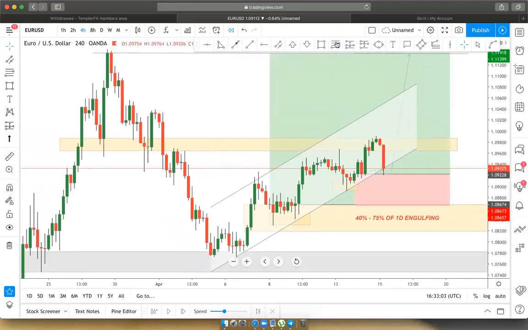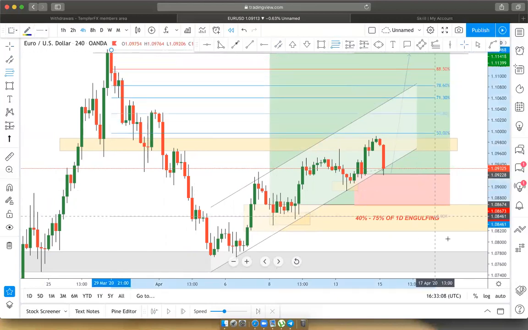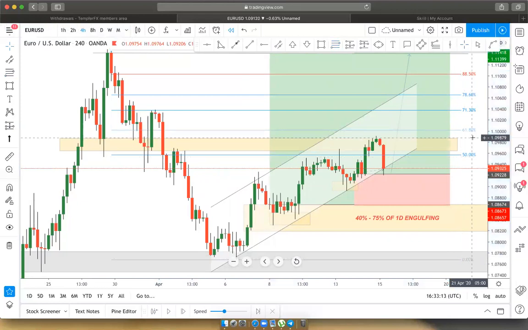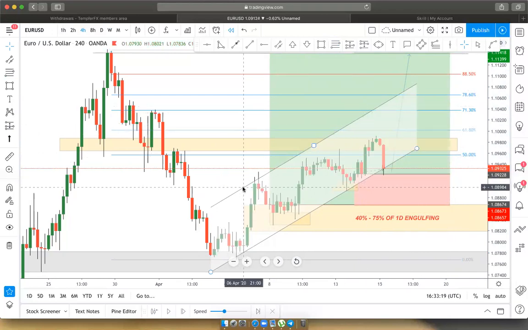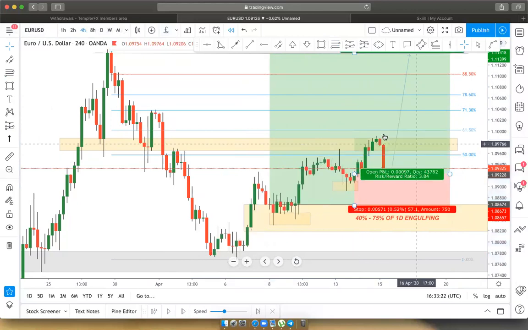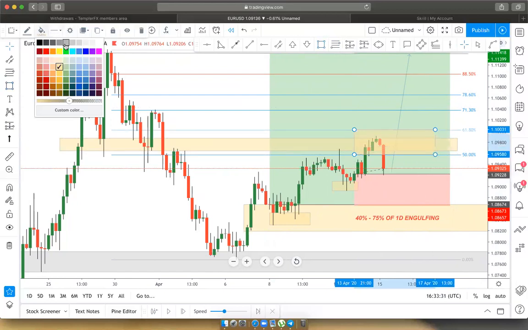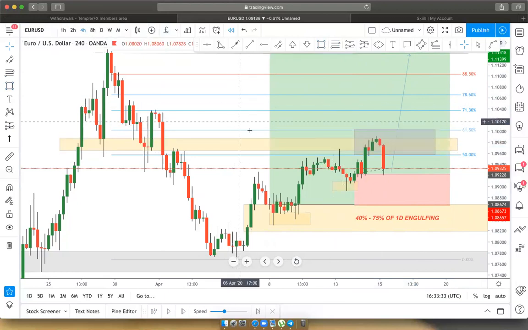If we take a Fibonacci by measuring the impulse, we see this retracement came all the way near 50% to 61%, where it's a golden area. These areas are golden areas for the markets to finish the retracement phase, the golden level of the Fibonacci for the price to finish the correction wave.